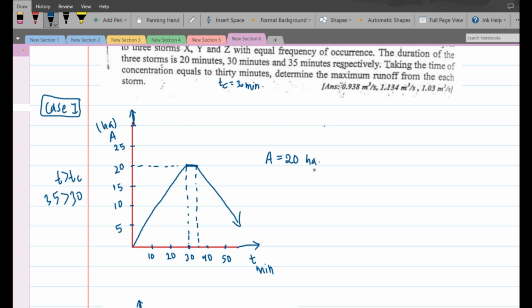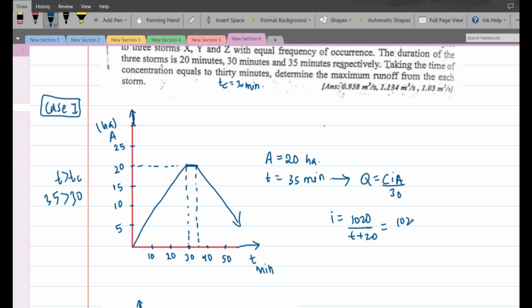Now our T equals 35 minutes, right? If we have T, we can find out Q. So Q equals CIA by 360, but we do not have I. For 35 minutes, I equals 1020 by T plus 20, right?